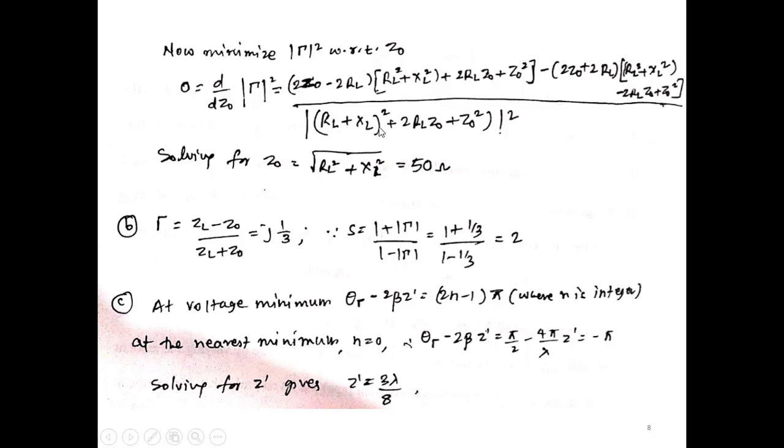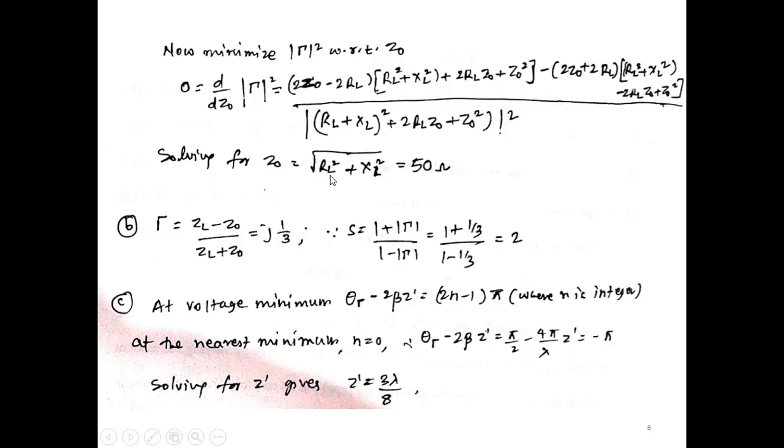That is RL plus XL whole square plus 2RL Z0 plus Z0 whole square magnitude whole square. If you simplify, this term becomes 0, equal to 0. So finally we will get Z0 is equal to under root of RL square plus XL square.